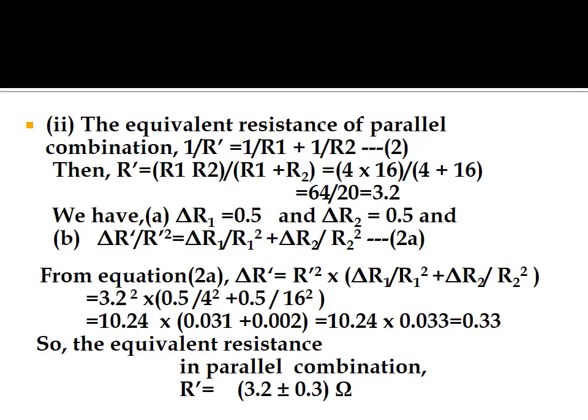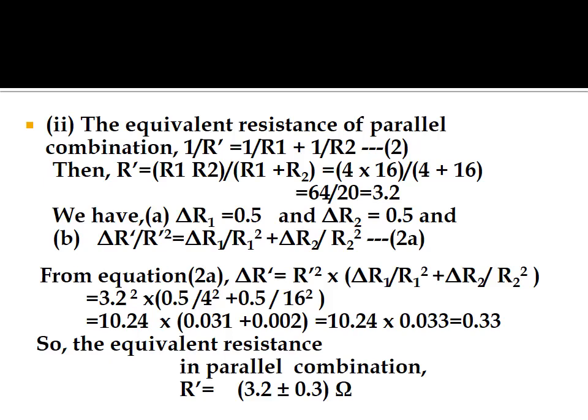This is equation number 2. Then R dash is equal to R1 R2 divided by R1 plus R2. On substituting the values of R1 and R2, we get 4 into 16 divided by 4 plus 16, which is equal to 64 divided by 20, which is equal to 3.2 ohm.